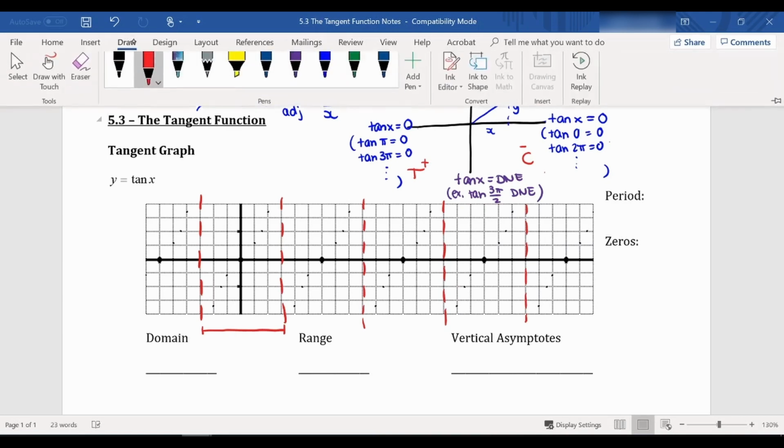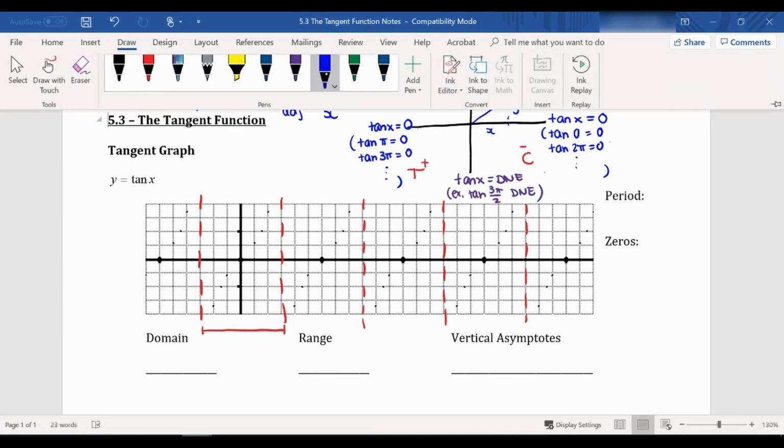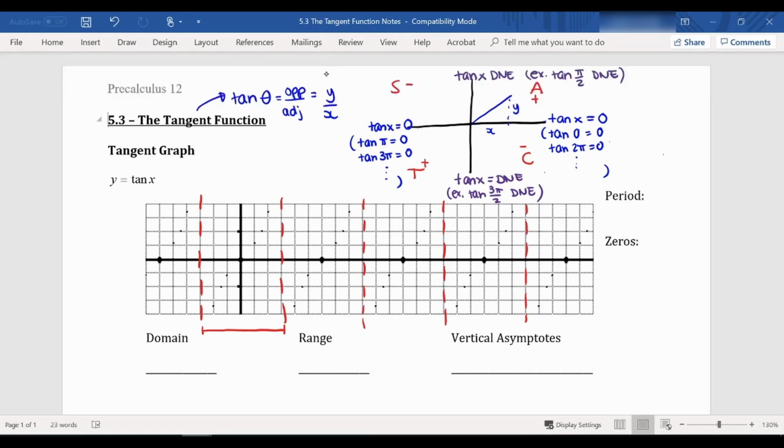Okay. And for our actual graph, we have that tangent is 0 when x is 0, so that's at the origin. Then we know that tangent is positive in quadrant 1, so if I'm moving to the right along my axis on my graph here, I'm going to be positive, and then I have my does not exist, then I'm going to be negative, then I'm 0 again at pi.